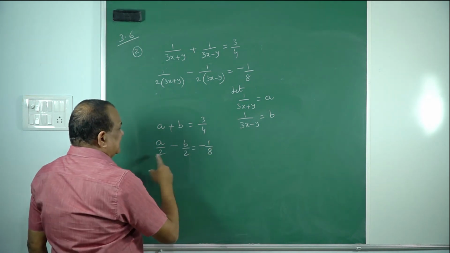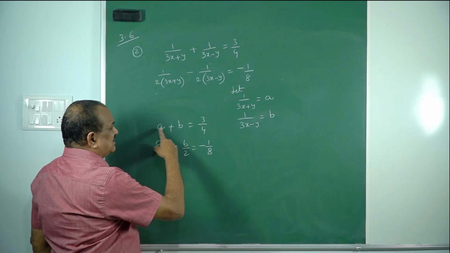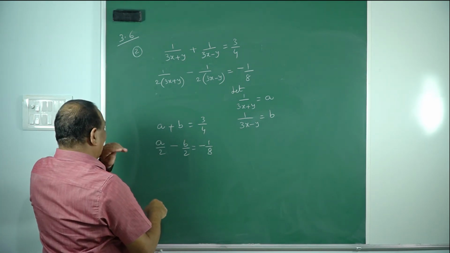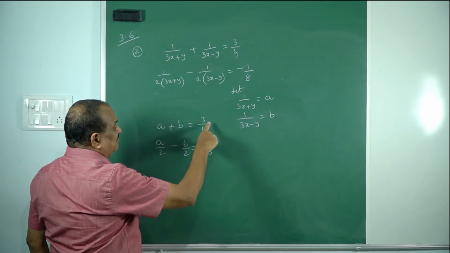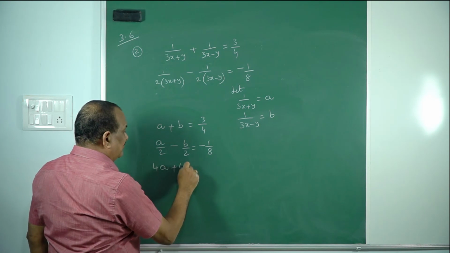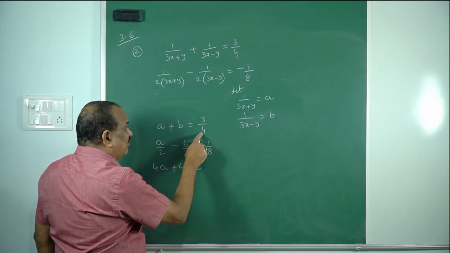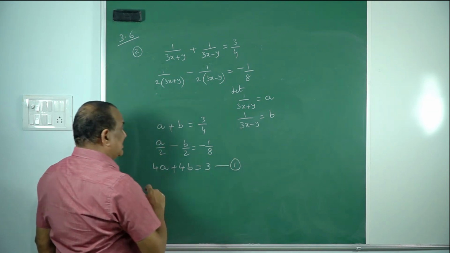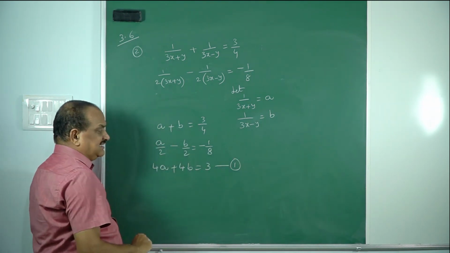Let us simplify this throughout. Here I multiply throughout by 4 to eliminate this 4. So 4a, 4b. This denominator 4 will go, just 3. That's my first equation. In the second I multiply throughout by 8.